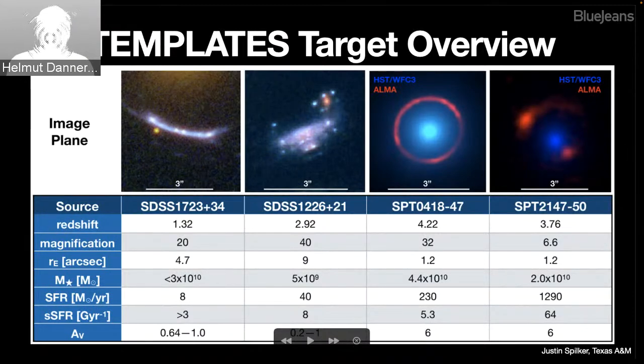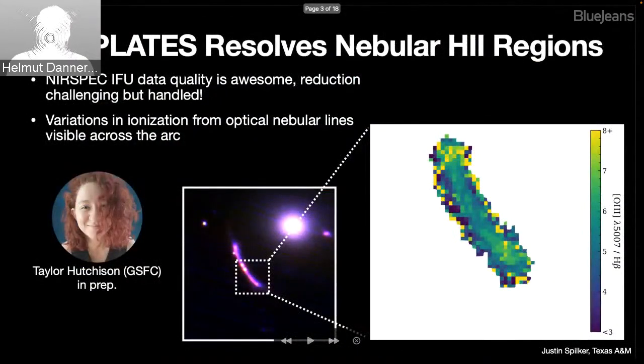And so I'm very happy to share a few preliminary results from some of our junior folks. Working with these IFU data products has not been easy at all. Anybody who's just downloaded the default reduction from MAST has probably seen that these data are quite challenging. And so I wanted to highlight in particular one piece of upcoming work from Taylor Hutchison, who's a postdoc at Goddard with Jane, who's now made these very nice maps of the rest optical nebular lines in one of the UV selected targets here.